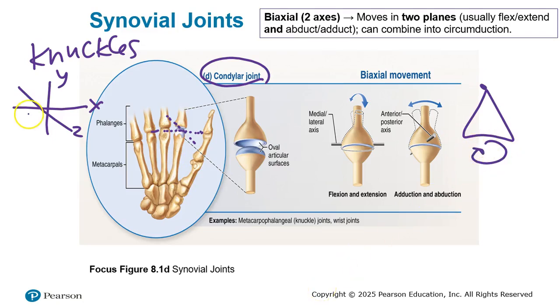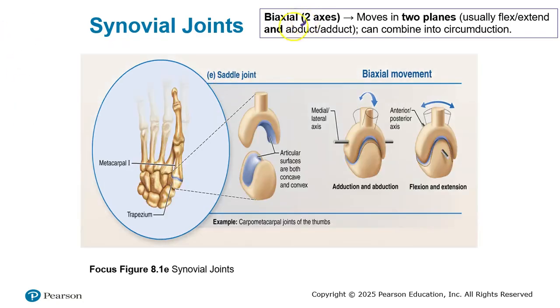All right, so with that same index finger, I can move it toward the midline, so that's going to be adduction. I can also move it away from the midline, which is going to be abduction. I can also move my index finger in a circle. That's going to be circumduction. Another example of biaxial, meaning movement in two planes, is the saddle joint. And you can see this in your thumb.